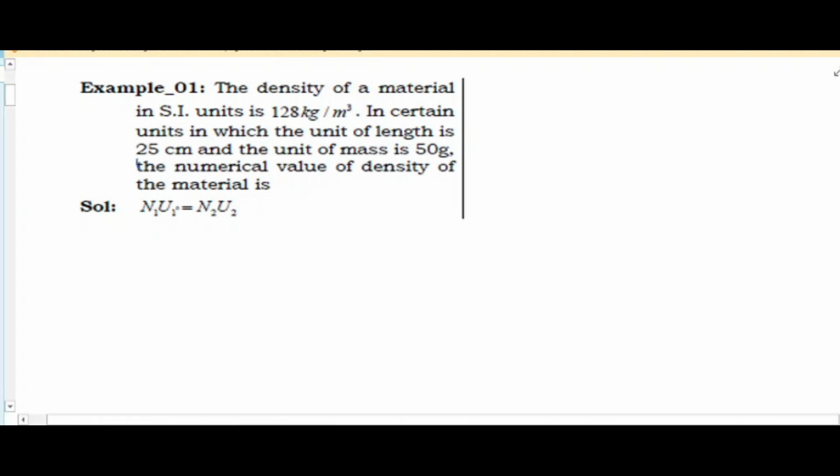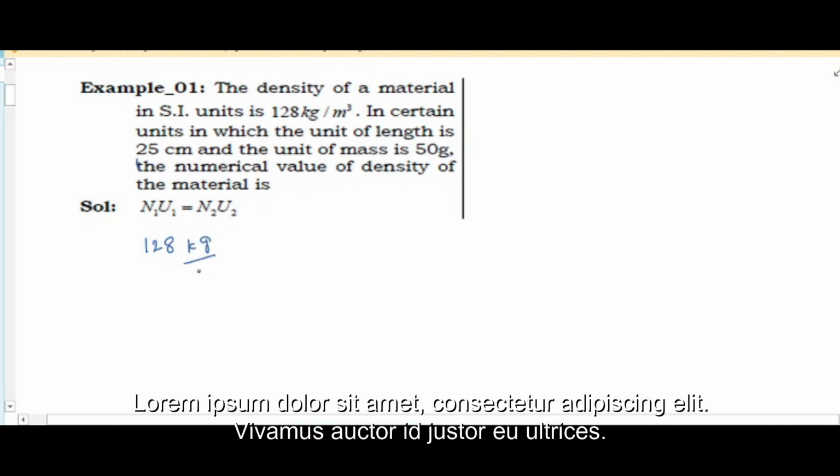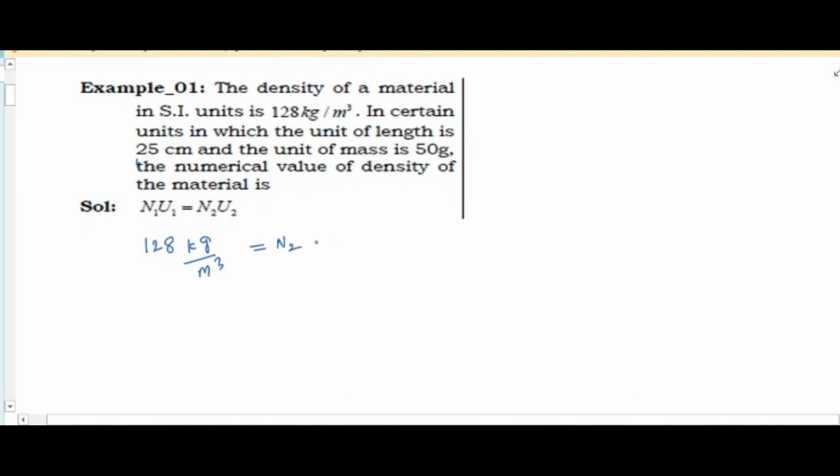Here n1 u1 is equal to n2 u2. n1 is given as 128, its unit is kg per meter cube. Here n2 we have to find out. In that system, mass is given as 50 grams and length is 25 centimeter. This becomes whole cube.